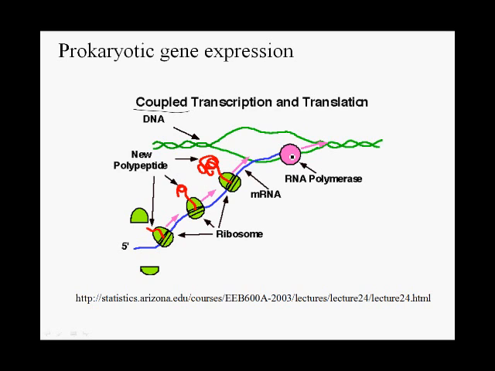What we see is RNA polymerase, which has some of the DNA unwound. Here's our template strand. RNA polymerase is proceeding down the template strand, making the messenger RNA from 5' to 3'. And even while RNA polymerase is transcribing, ribosomes are hopping on to the 5' end and making proteins. So this is all happening simultaneously.